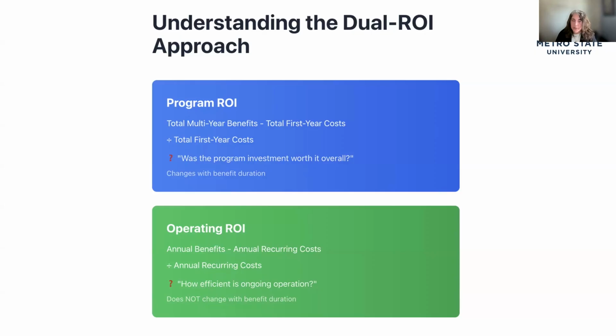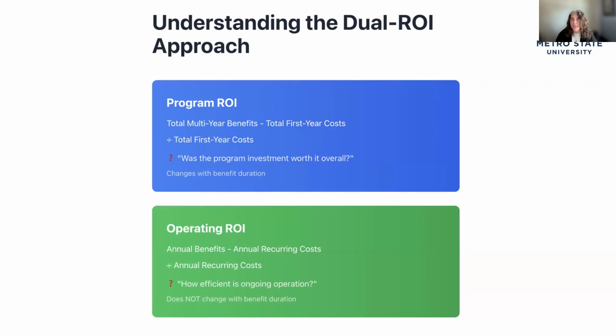Operating ROI is different than that. This asks the question, how efficient is ongoing operation? So Andrew, the example you brought up sparked me here. You've already built it. It's already out there. You're asking the question, what's our operating ROI every year? And this one does not change with benefit duration.